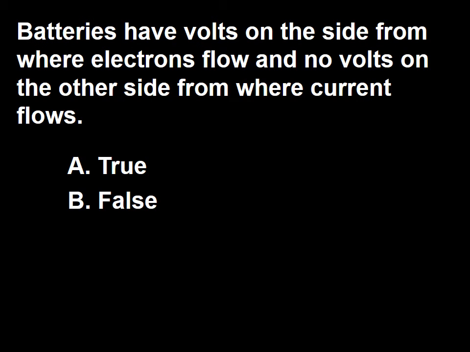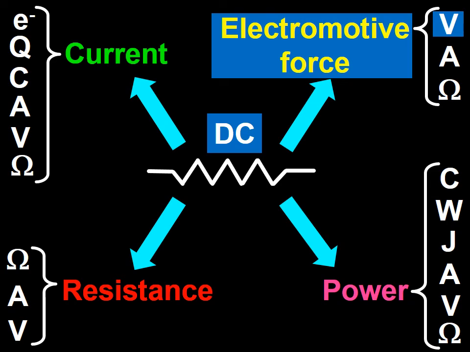Next question. Batteries have volts on the side from where electrons flow and no volts on the other side from where current flows. A true, B false. I'd like to start answering this question as I have done in the past by asking you to look at the master slide and focus on the words and symbols with the blue background.